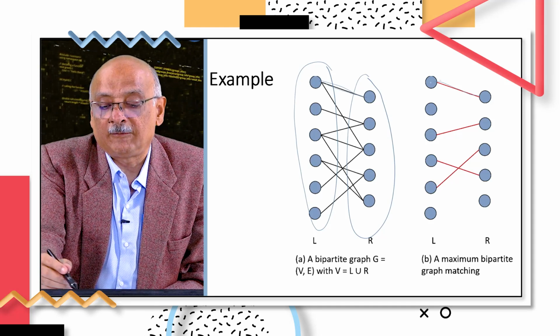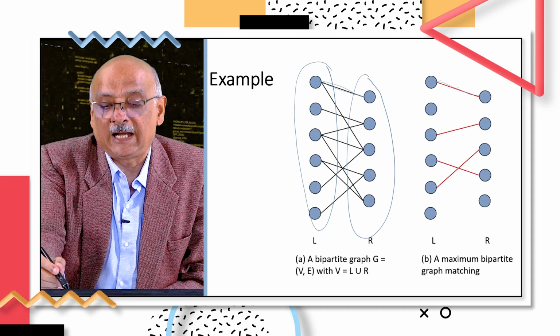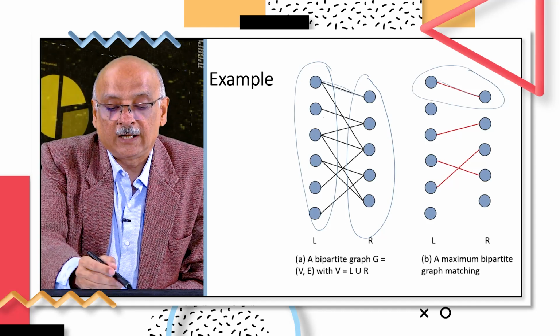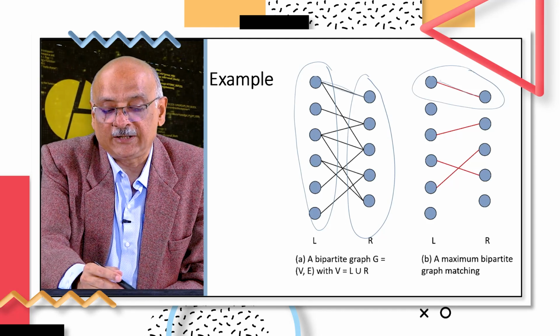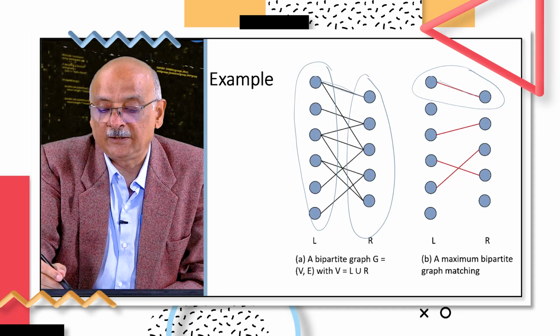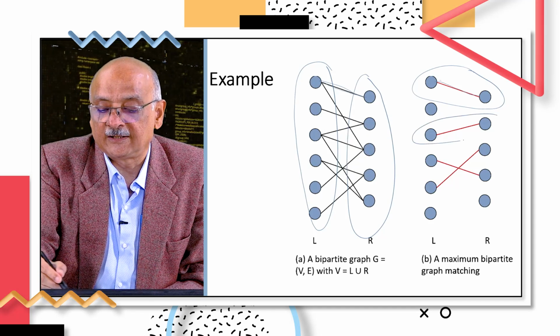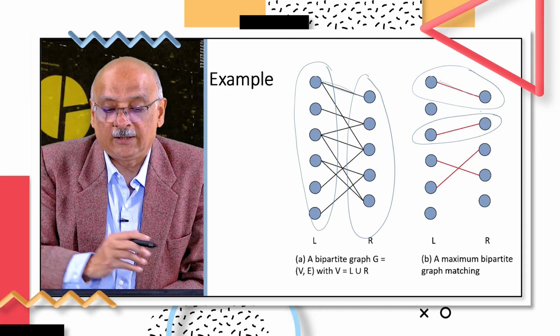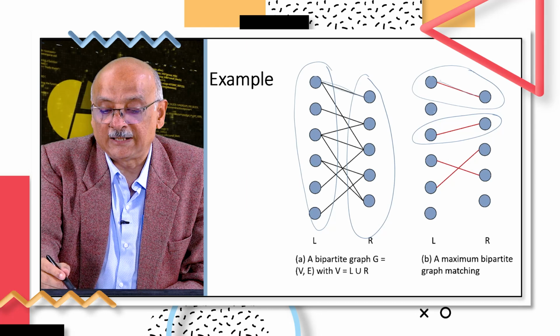Now, we have already added a matching here. Next, we have a matching from here to here, or from here to here. Let's say we selected this matching, that is okay. So, we have got another matching.